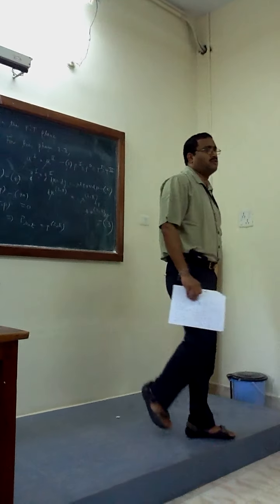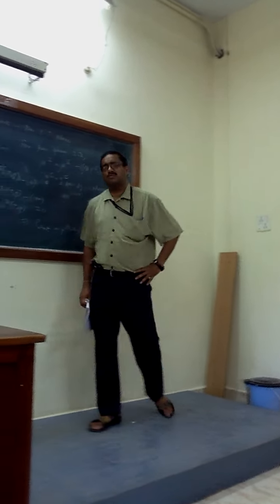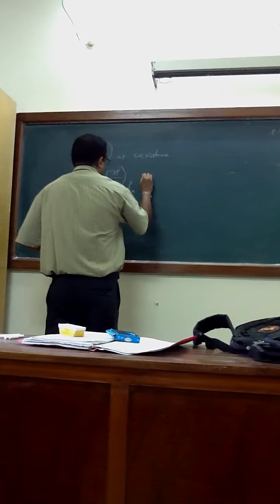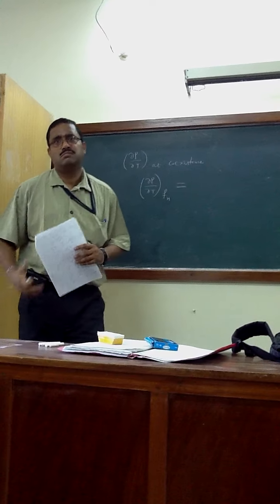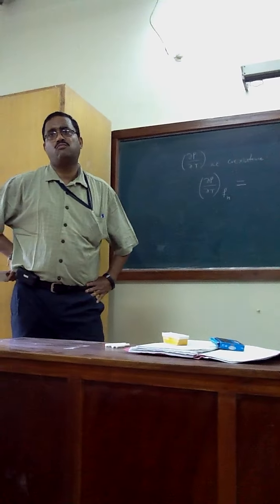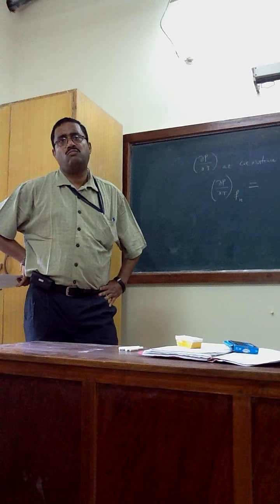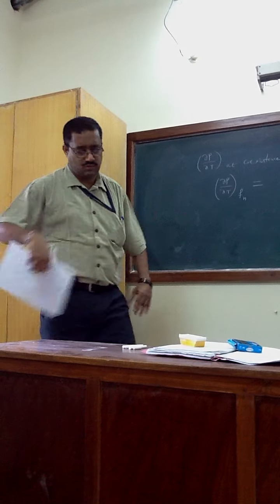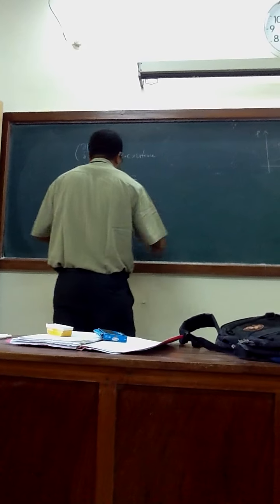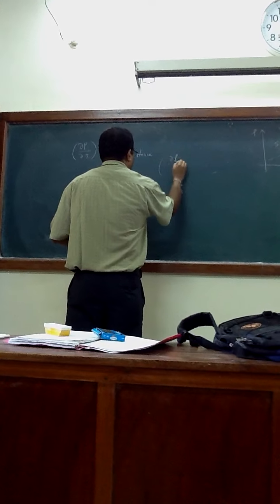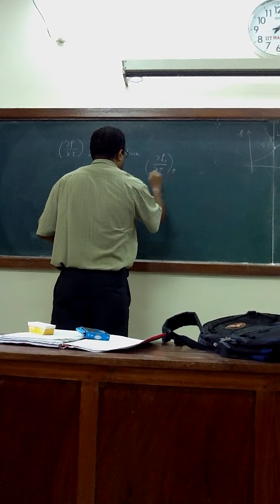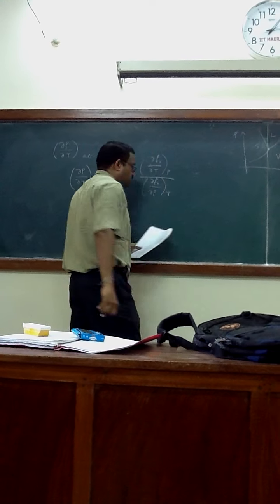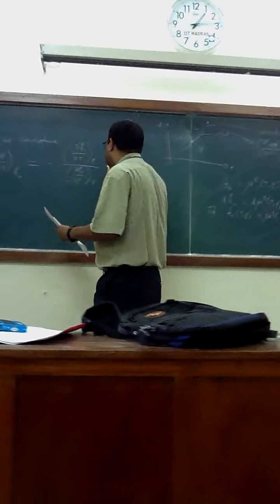The function Fn equals 0 at equilibrium. What to write? Implicit function theorem. Yes. What should I write in the implicit function theorem? Minus dou Fn by dou T at fixed P over dou Fn by dou P, equation number 5.